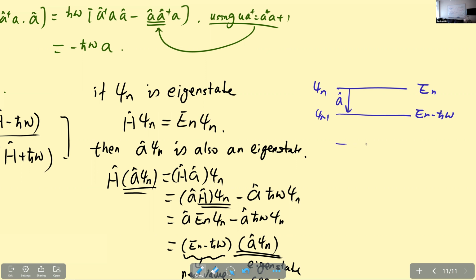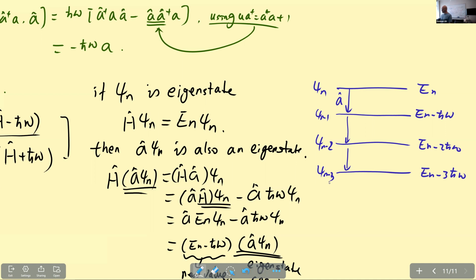And then you can do this one again, right? So you get psi_m minus 2. The energy will be E_m minus 2 h bar omega. So you can do this once more. Psi_m minus 3, E_m minus 3 h bar omega, right? So you can continue this way. That's very interesting.